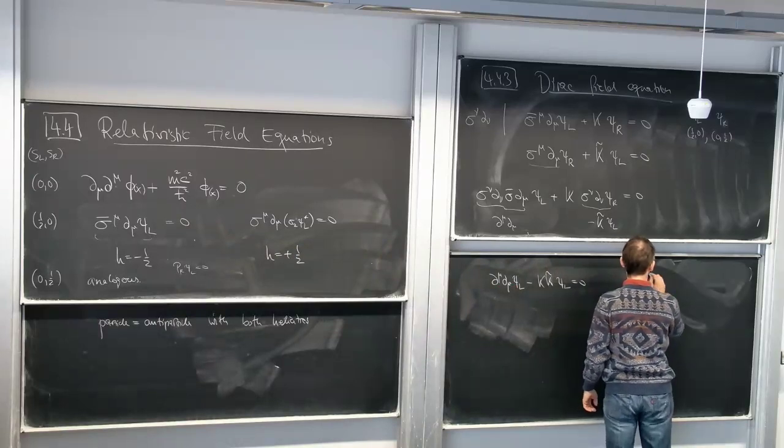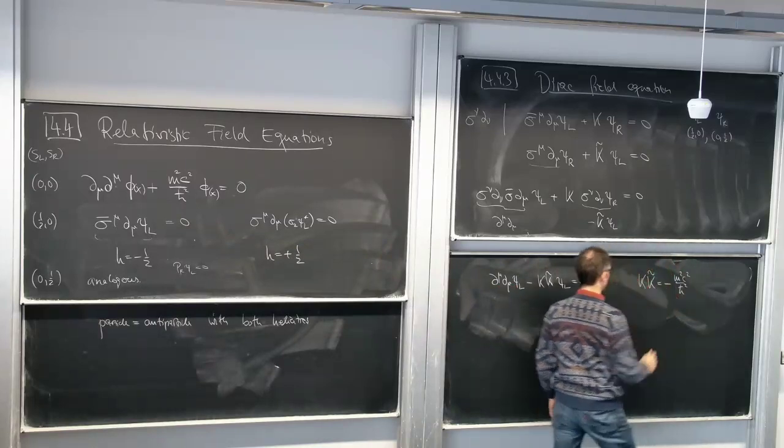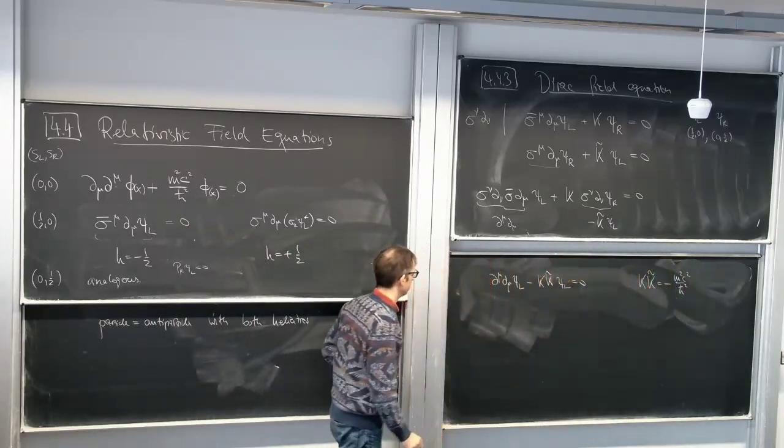So k tilde should be minus n squared, t squared, or h r squared, or just n squared. And now it's your choice.